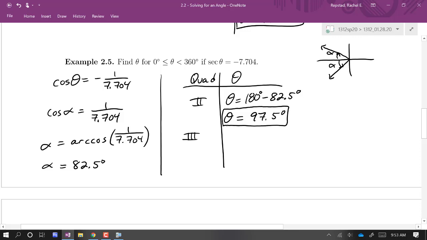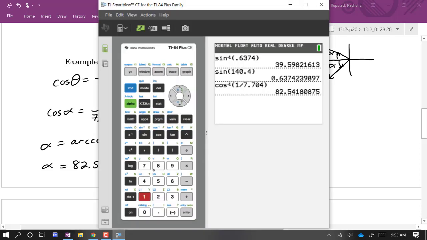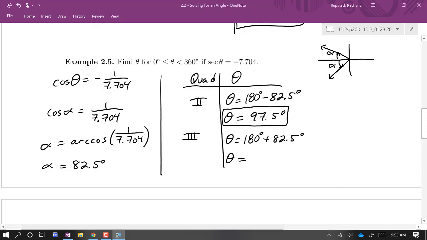And what do we do to get the angle in quadrant 3? 262.5.